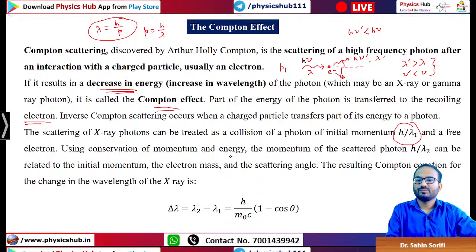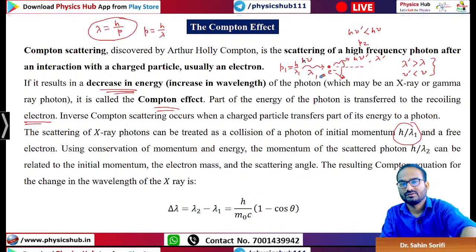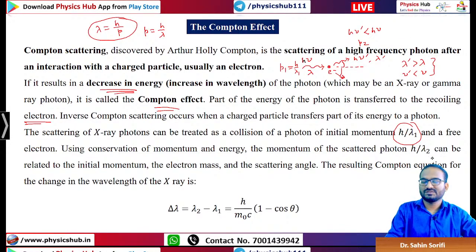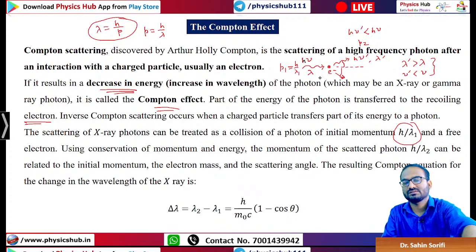Using conservation of momentum and energy, the momentum of the scattered photon we can consider to be p2. p2 will be h by lambda 2, p1 will be h by lambda 1. We can consider lambda 1 and lambda 2, or lambda prime, whatever is suitable. In this derivation we will be using lambda 1 and lambda 2.